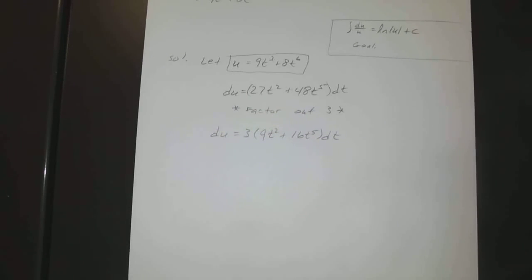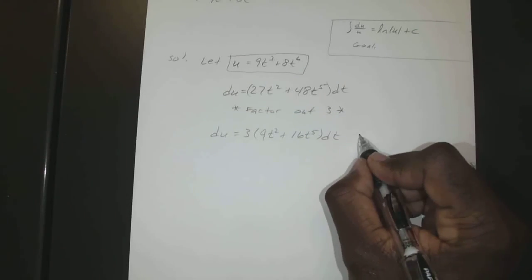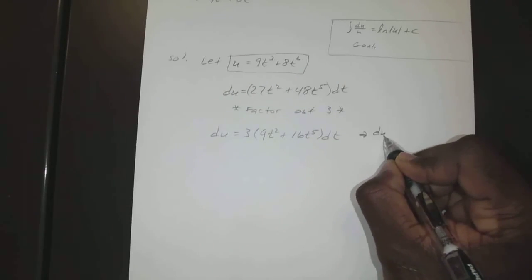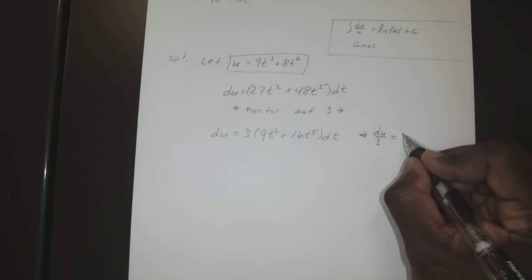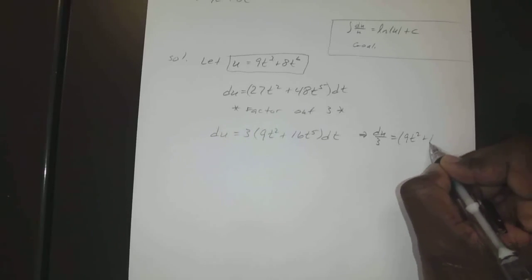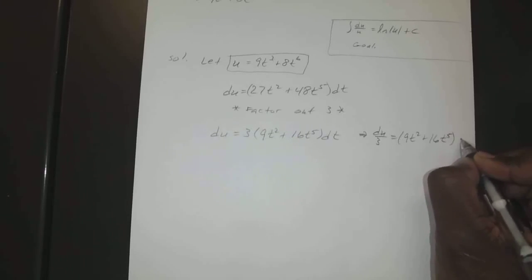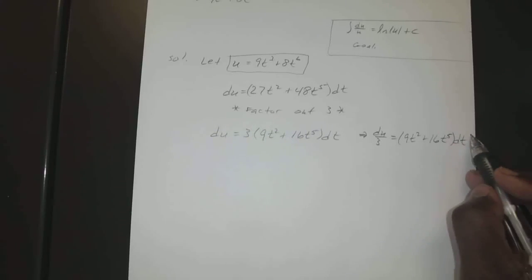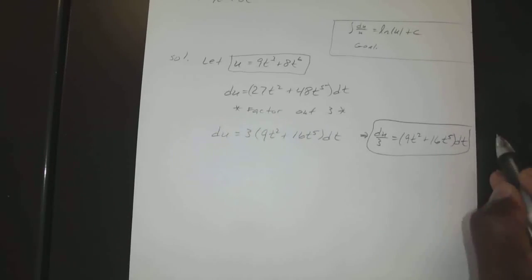So if we divide both sides by 3, our du over 3 is 9t squared plus 16t to the fifth with respect to t. So it's like I said, it's a little different, but it's kind of the same. It's a little bit of math trickery going on.